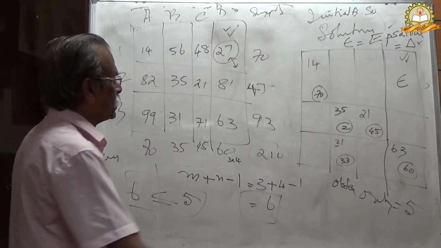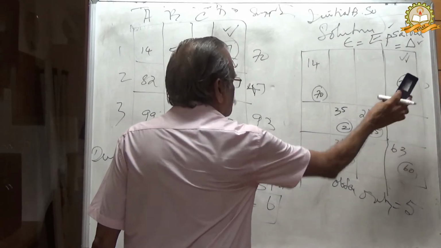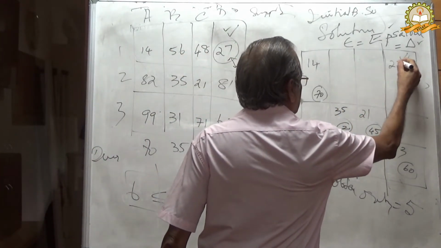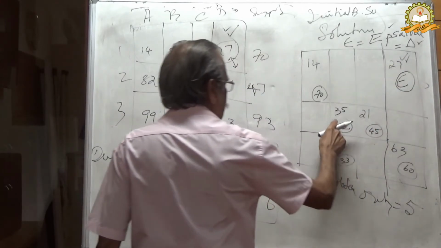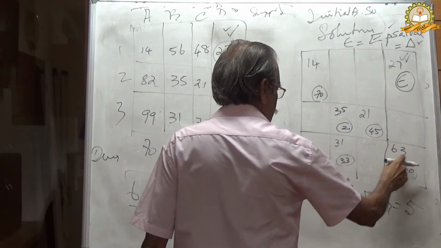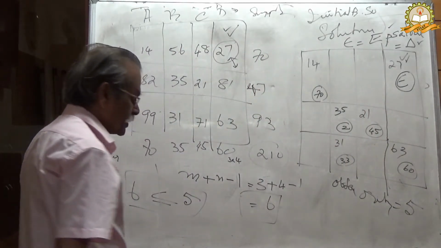Therefore, now you can count allocation, second allocation 27 into E. Here allocation, this allocation, 1, 2, 3, 4, 5, 6.